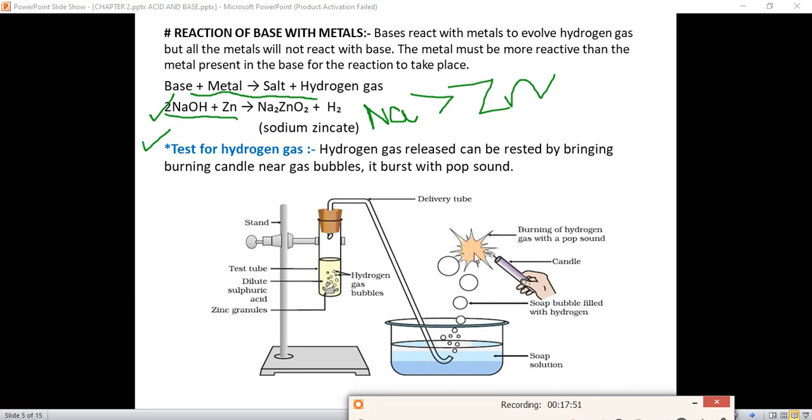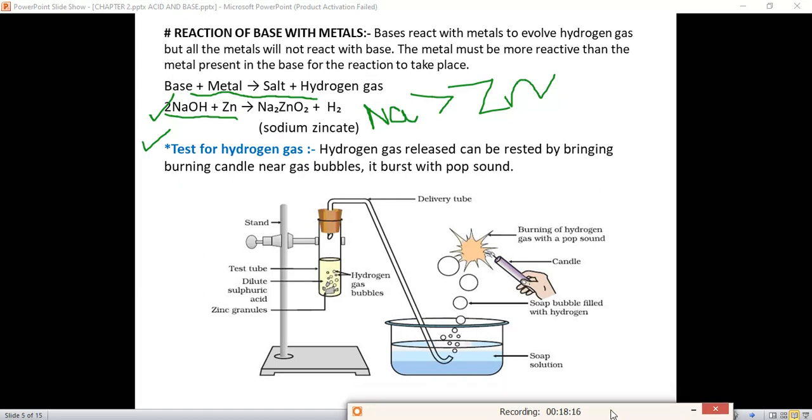From this experiment, we can conclude that hydrogen gas burns with a pop sound, and that hydrogen gas is released when zinc granules react with dilute sulfuric acid. This is the test for hydrogen gas.